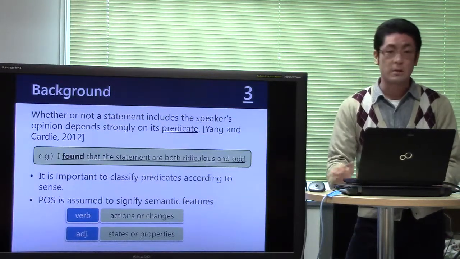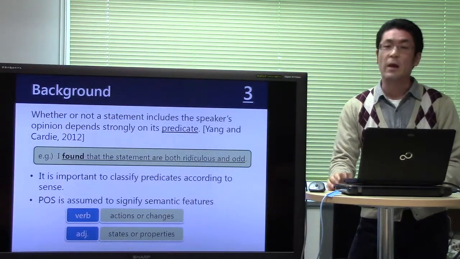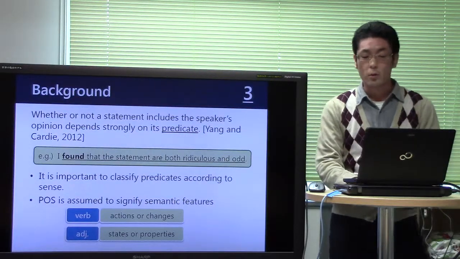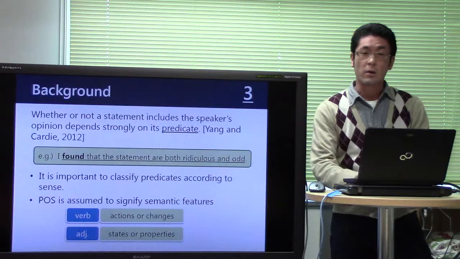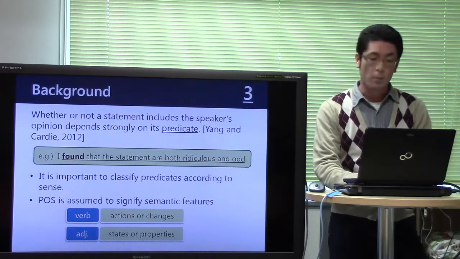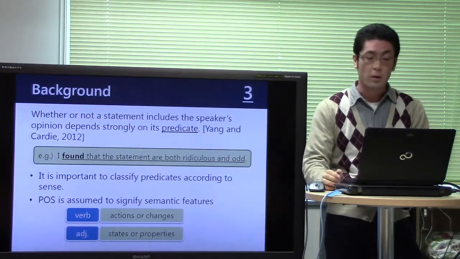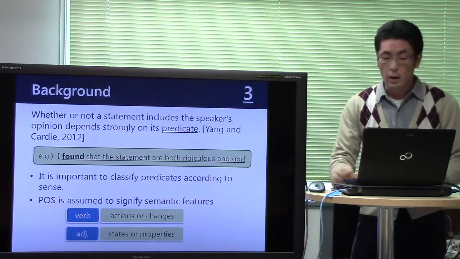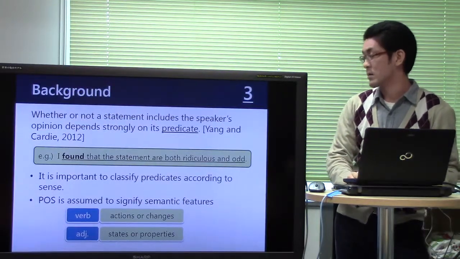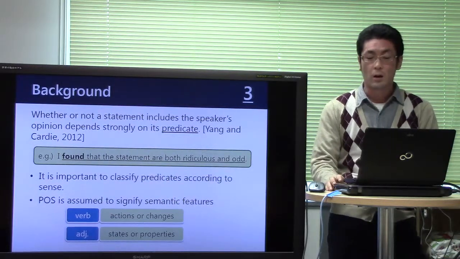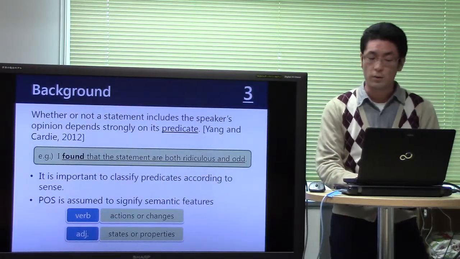One of our interests is sentiment analysis. According to Yan and Cardi's study, whether or not a statement includes the speaker's opinion depends strongly on its predicate. So we assume that it's important to classify predicates according to sense.